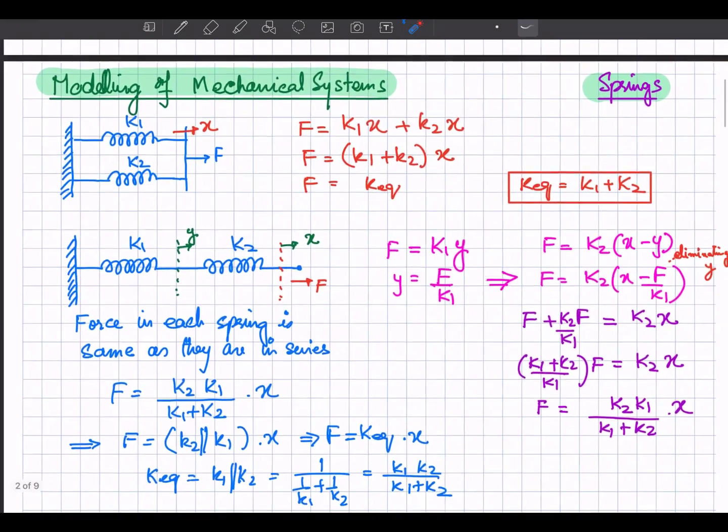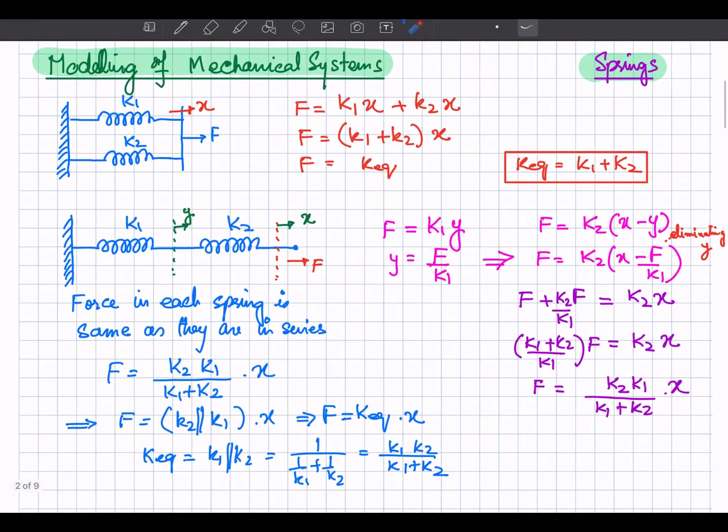Now let's see how, if we have a parallel combination of springs, we can determine the total force. So let's suppose that we have this spring having the constant K1 and another spring having the constant K2, and both of them are connected at this point, which is movable, and this point is fixed.